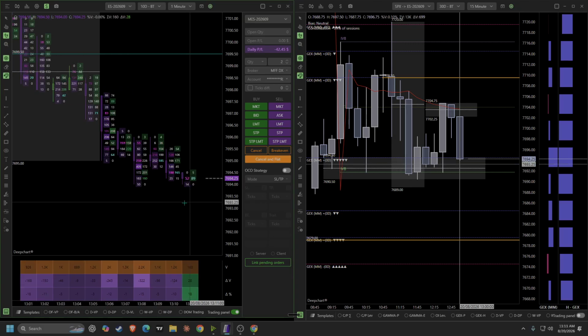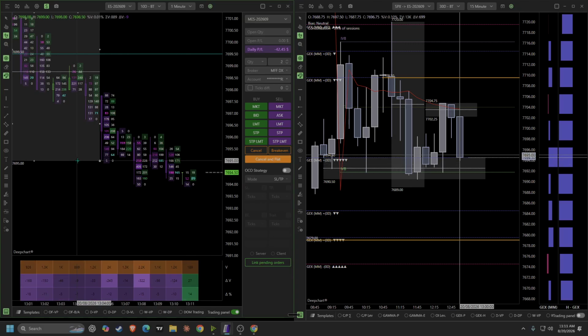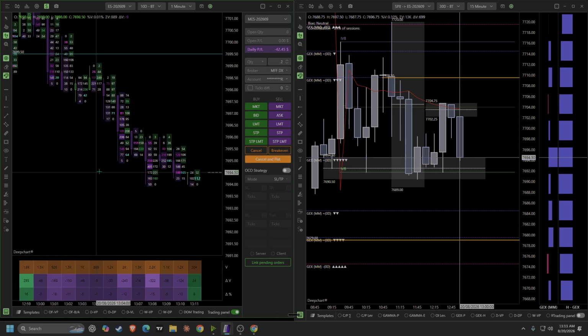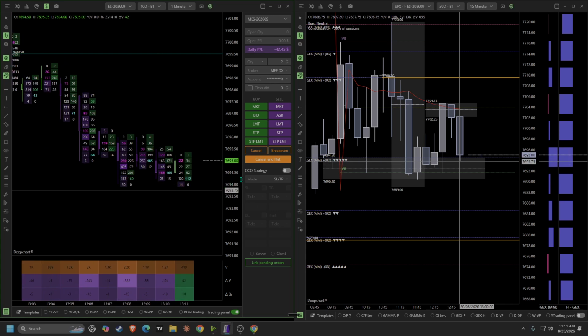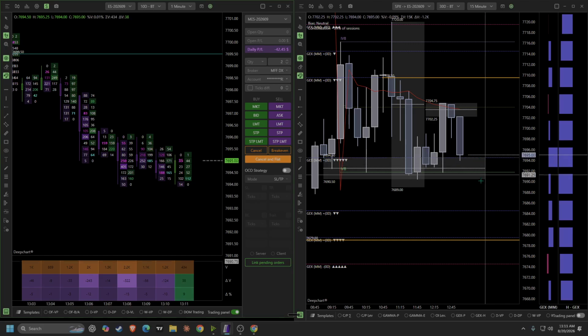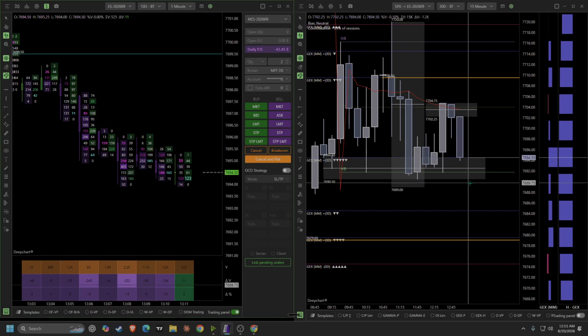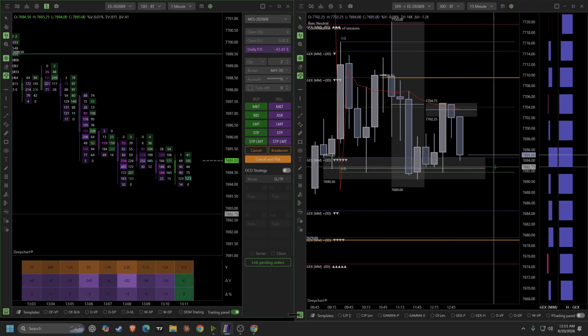And we're starting to push lower. But we're still holding on to that level. The next long is going to be back up to the 0 line.